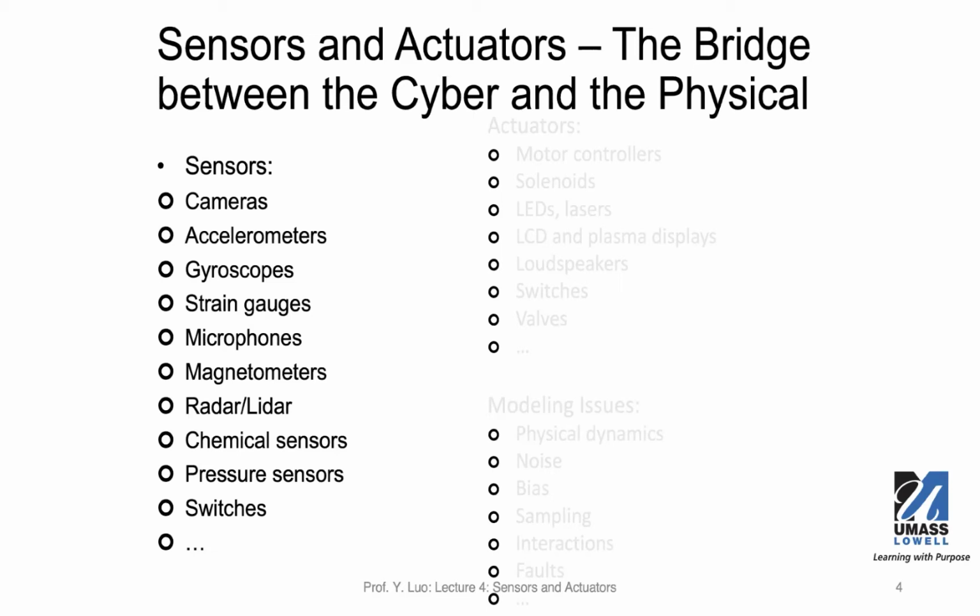And we have sound sensors, microphone. We have magnetometers to measure the magnetic fields, radar and LiDAR to monitor the distance, and also a variety kind of chemical sensors, pressure sensors, and switches. All these are different sensors.